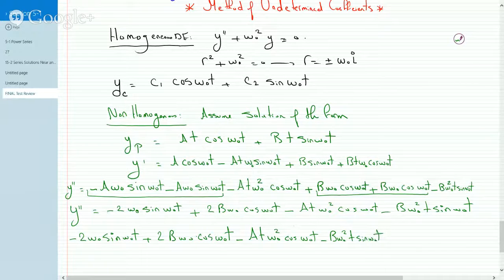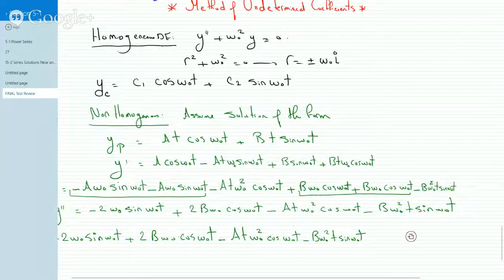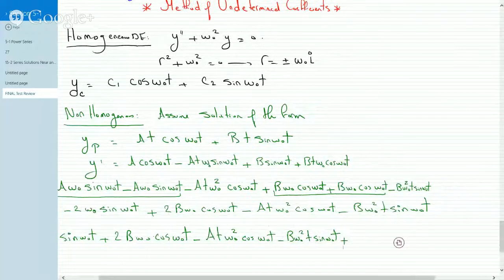That's y double prime plus omega 0 squared y. So plus a omega 0 squared t cosine omega 0 t.